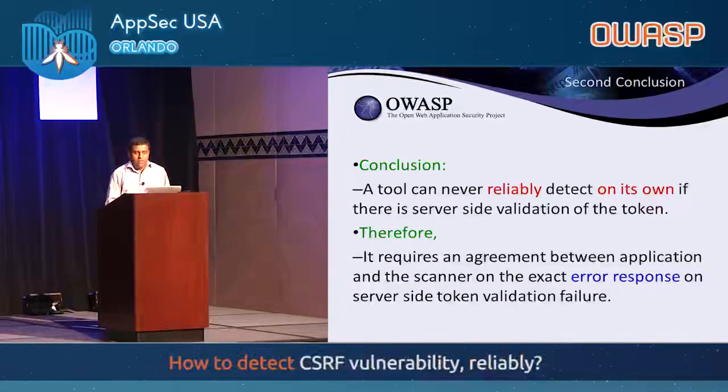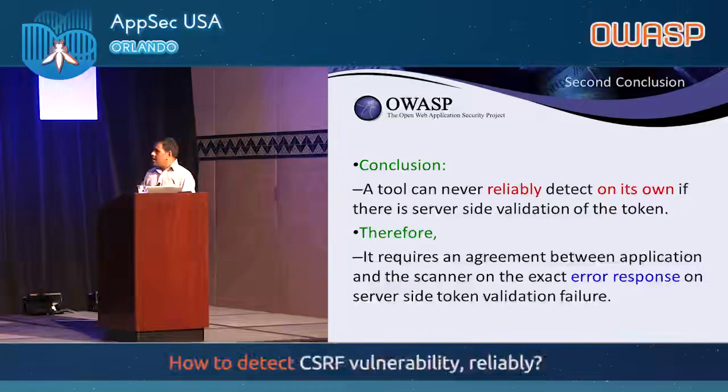If you try this, it may work sometimes, but you can never conclusively say that there is server-side validation or there is not. And therefore, once again, it requires an agreement between the application and the scanner on the exact error response on server-side validation failure.